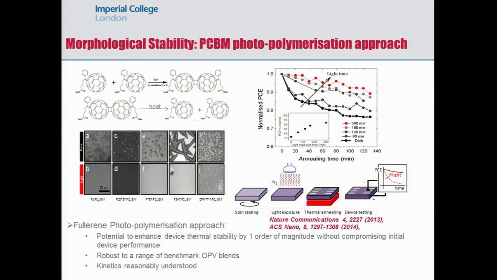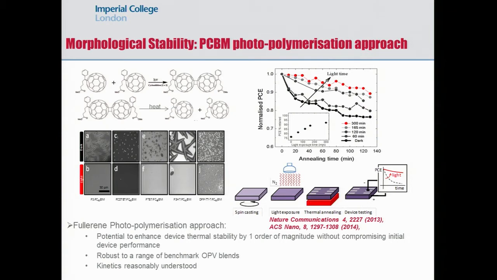Firstly, I'll discuss a couple of examples that we developed to enhance the morphological stability, and hence the thermal stability, of organic solar cells at elevated temperatures. The first one is the photochemical transformation of fullerenes under irradiation.